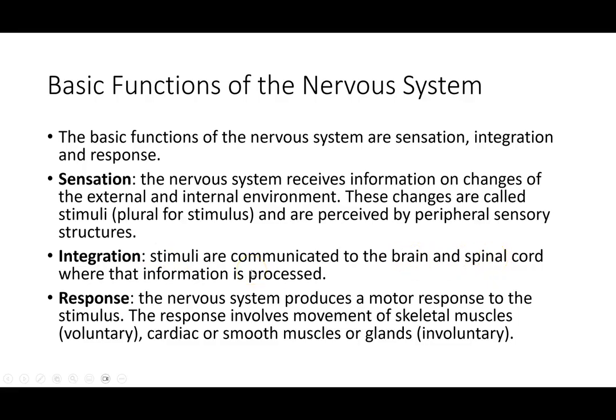It gets processed, and then the central nervous system is going to initiate some sort of response. So it's seeing that information and saying, this is what we need to do to fix this or work with this or accommodate or whatever it is. And that is our third basic function, which is response.